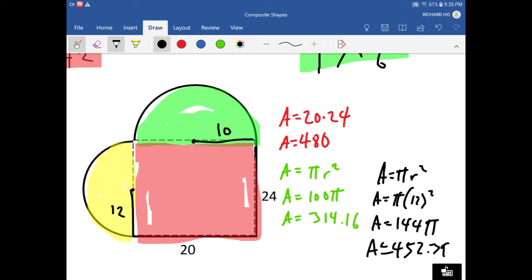Okay, there's those. So 452.4. This red one was 480, and then this green one was 314.2.